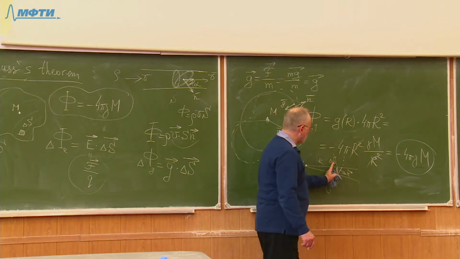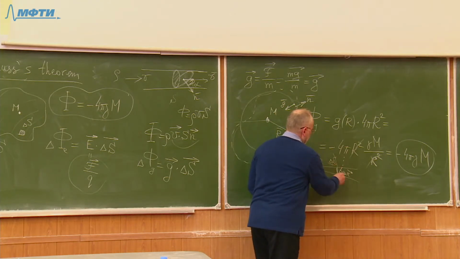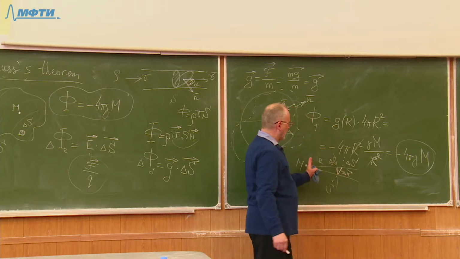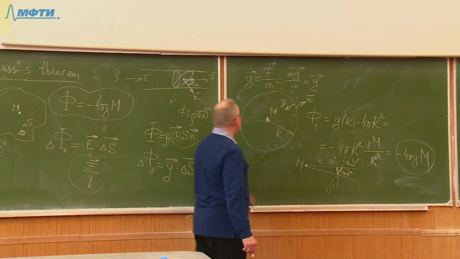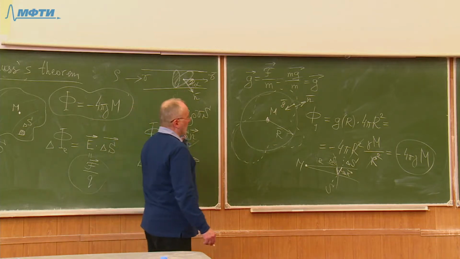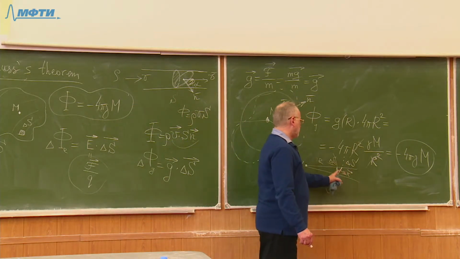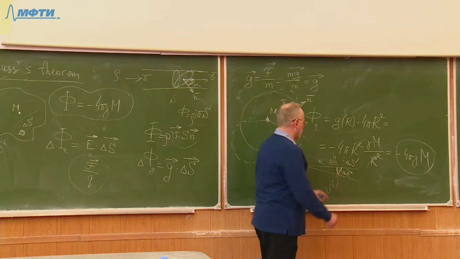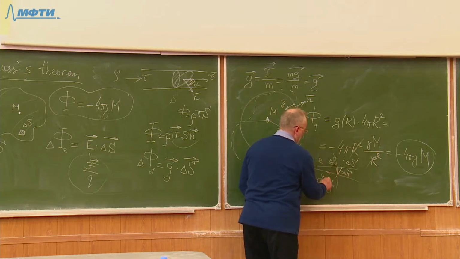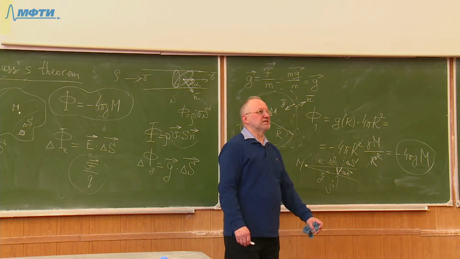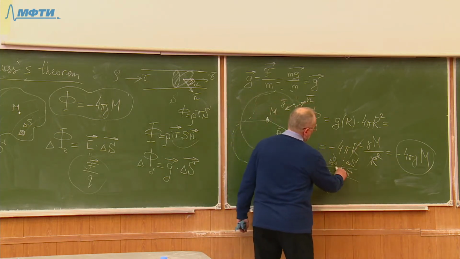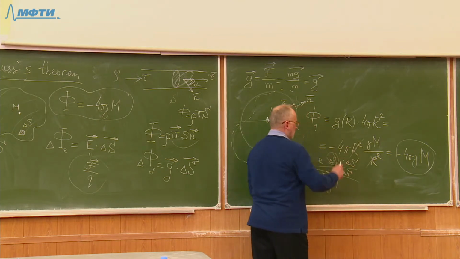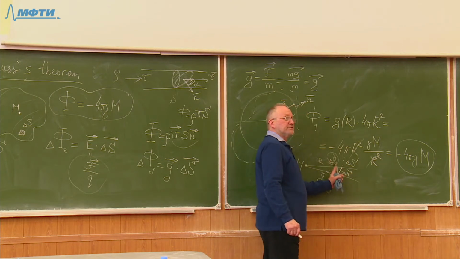If we somehow deform the surface, and the surface area delta S becomes delta S prime after we have deformed it by some angle, then the result of calculating the flux will be the same as we have already shown, because there is a scalar product, and that scalar product includes the cosine of the angle between this vector and vector g. The cosine will work in such a way that whatever angle you choose, the final result for the flux through this small surface area delta S will be the same. It will not depend on the angle.